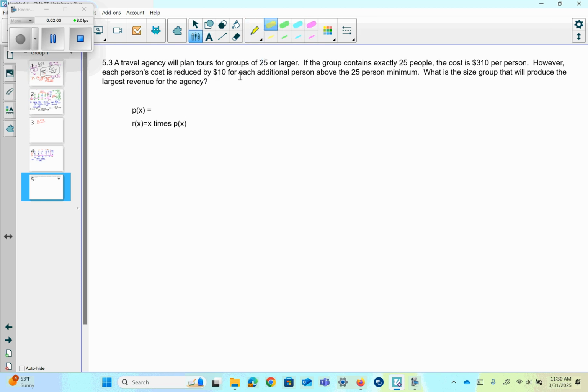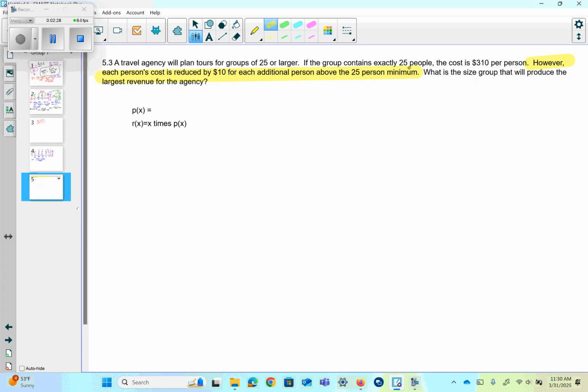So this is the one that goofs me up. However, each person's cost is reduced by $10 for each additional person above the 25 person minimum. Now, friends, be honest with me.